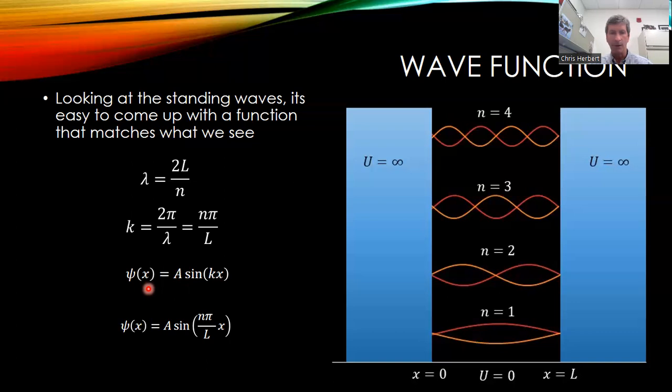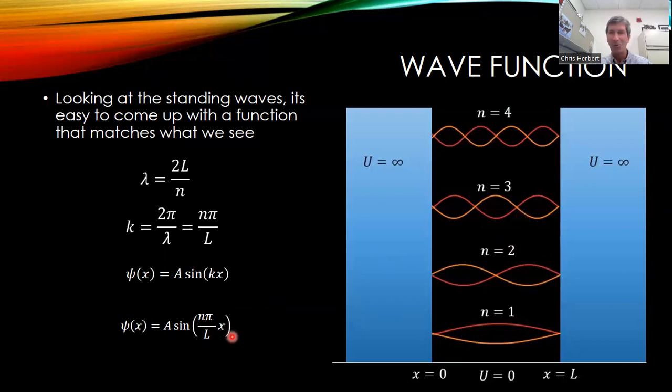It represents the information of that particular quantum state. If this were a wave on a string, it would represent the displacement of the string. But in any case, psi as a function of x is equal to a sine kx. With this boundary condition, that sine will only return back to 0 if we have pi over L, that's the first one, 2 pi over L, that's the second one, 3 pi over L, and so on.